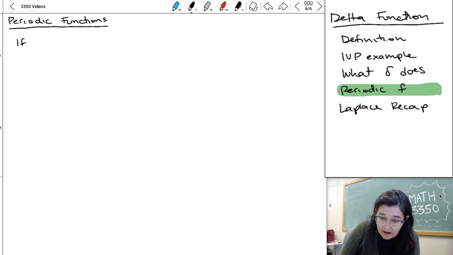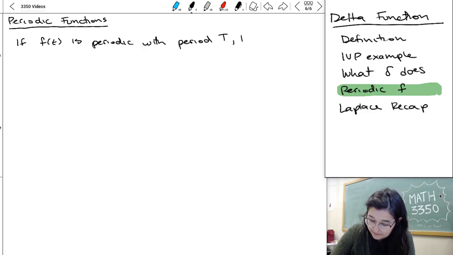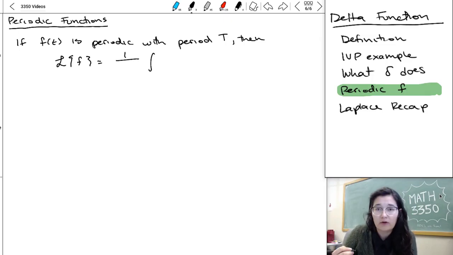So, if f of t is a periodic function, and if its period is given by capital T, then the Laplace transform of f is going to look like an integral, like how we define Laplace transforms when we're calculating them manually.